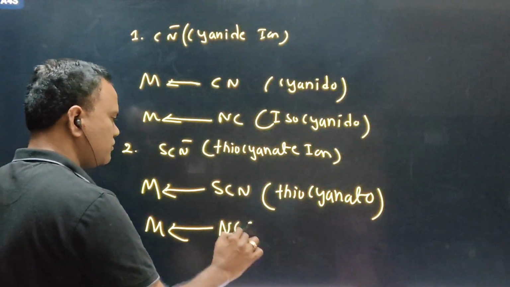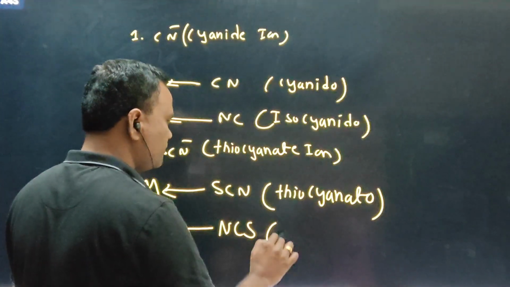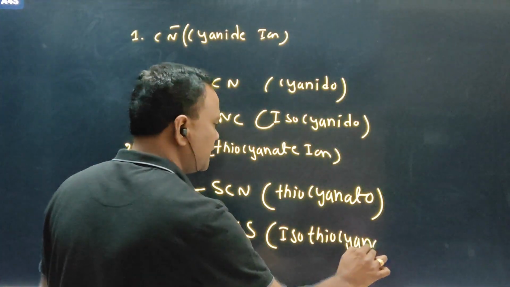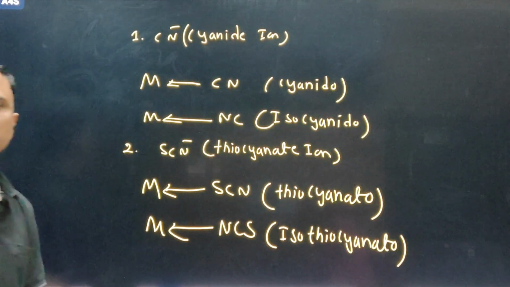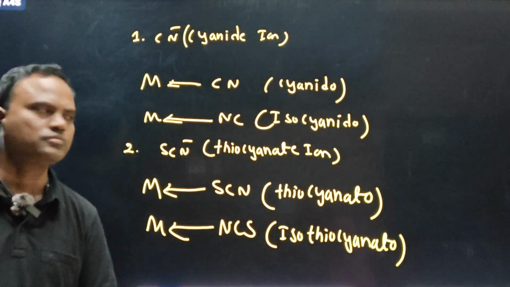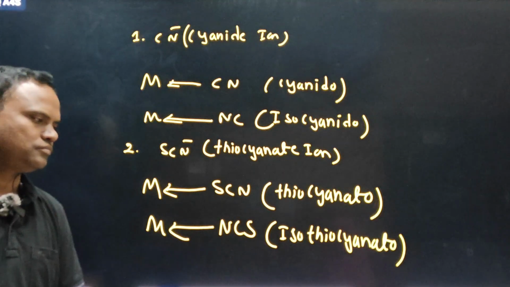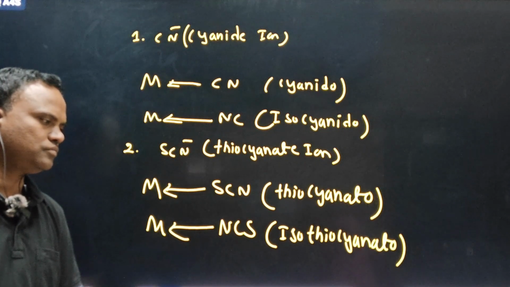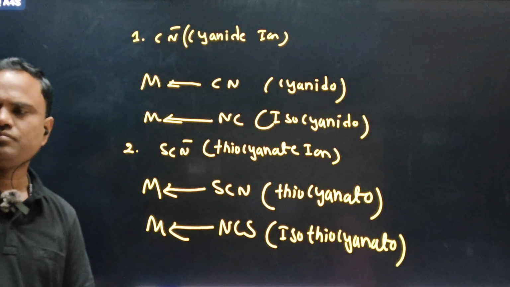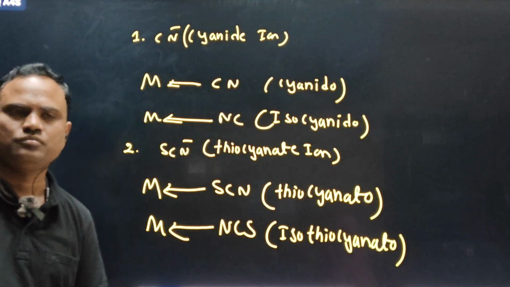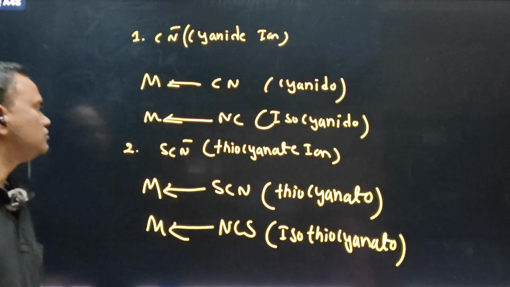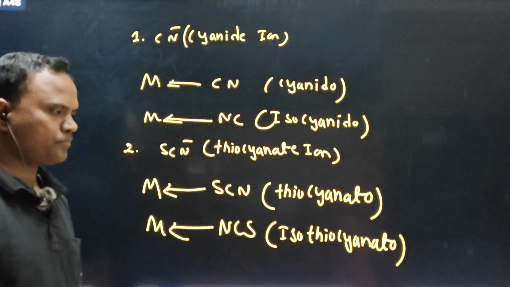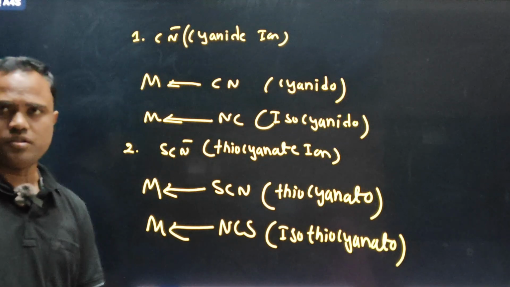Linked with nitrogen, it is isothiocyanate. Third example. Shall I clear this, online students?